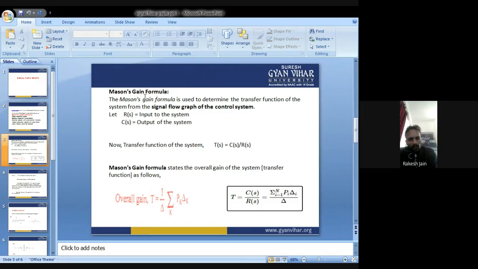If there are two forward paths, then the transfer function C(s)/R(s) is equal to T1 delta 1 plus T2 delta 2 upon delta. One more example, if there are three forward paths, then C(s)/R(s) is equal to T1 delta 1 plus T2 delta 2 plus T3 delta 3 upon delta.